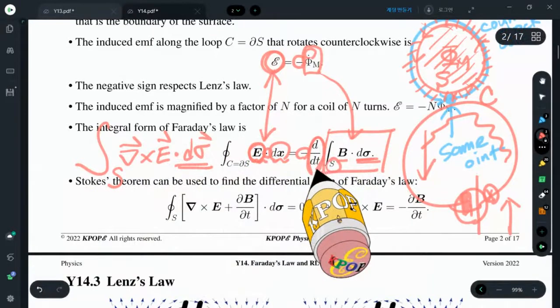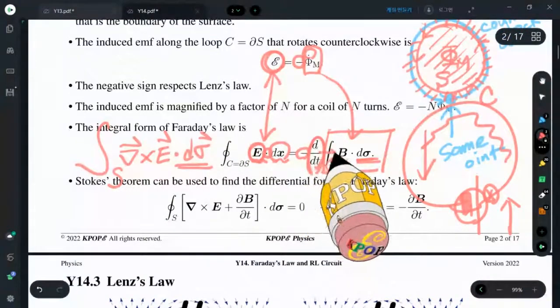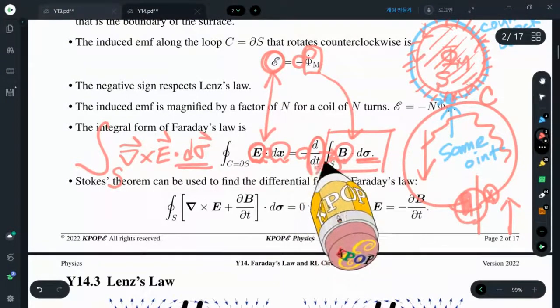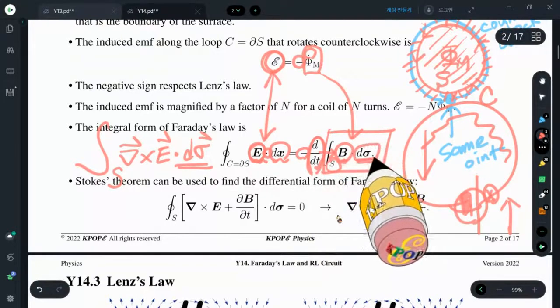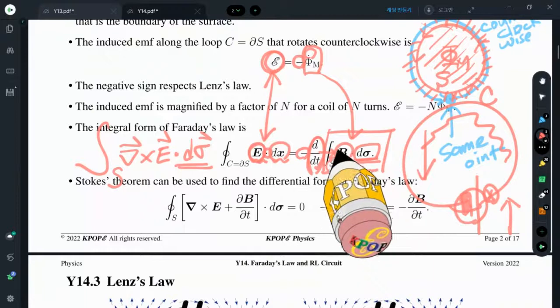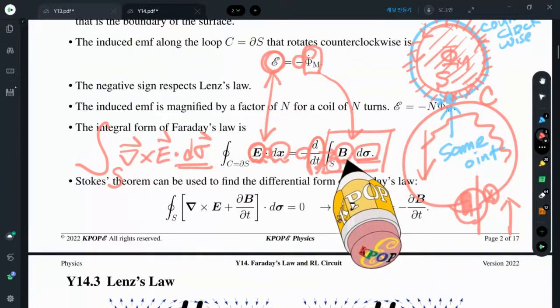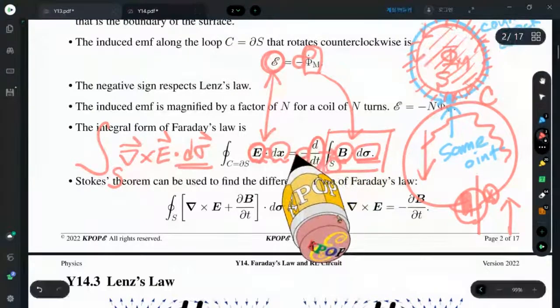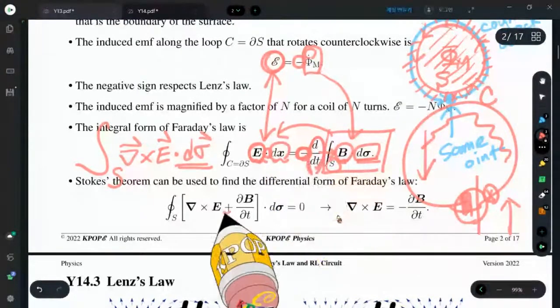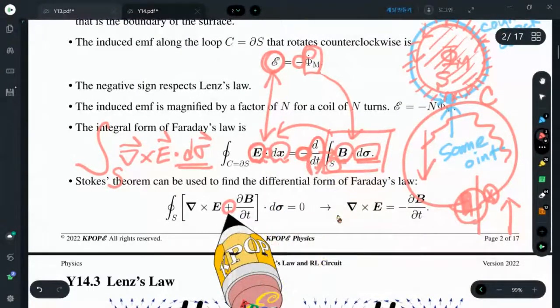If you insert this total time derivative, it becomes the partial time derivative of the magnetic field because you do not take the time derivative of the surface. So it becomes a partial time derivative. Move to the left-hand side to replace this negative sign with the positive sign.